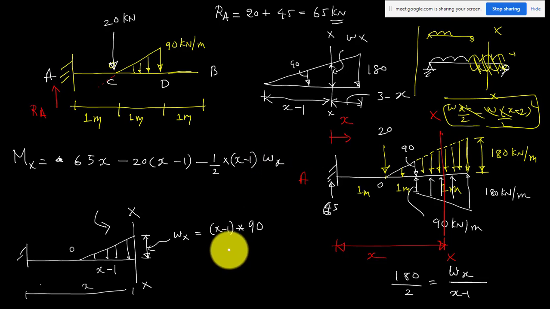So now your total load into the distance from the CG of your triangle. What is the distance? CG will be here. So this distance will be the total length of the base by 3, that is x minus 1 by 3. So this one into x minus 1 by 3.